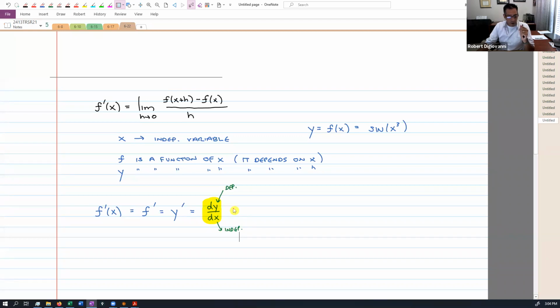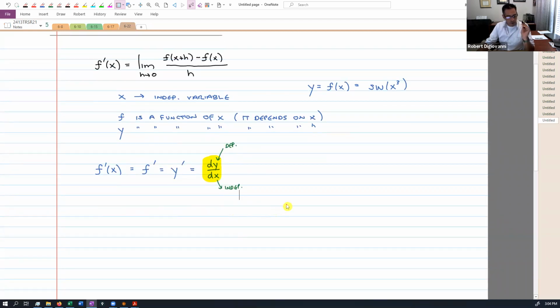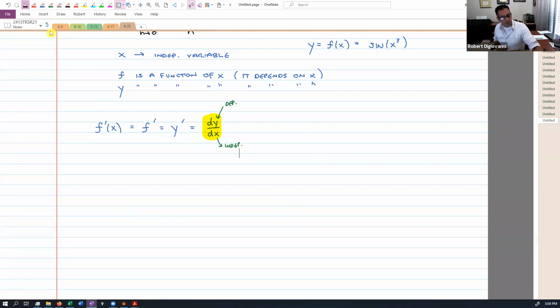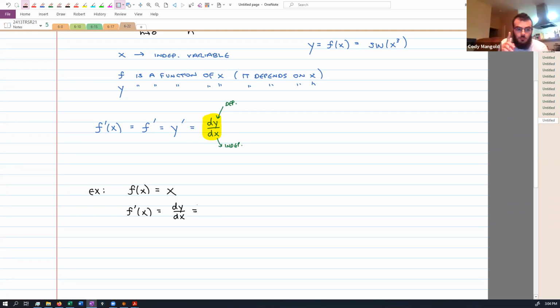Okay? So when we were doing a problem like this, specific example, if I told you that f of x equals the function just x, that very simple function x, and I ask you to take the derivative of it, right? So find the derivative of this. Another way I could have written that is find dy dx. And that for us would just be what? 1. 1.